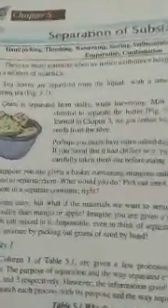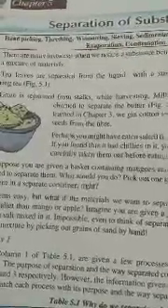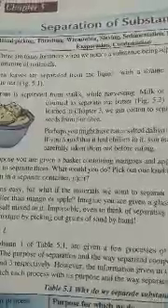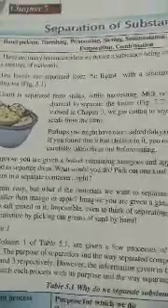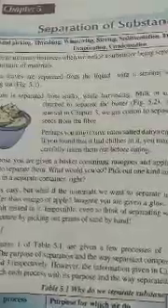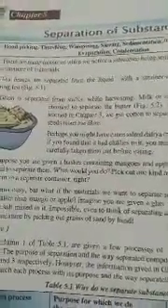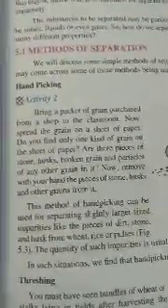You know, at different times we need to separate some substances from others. We also separate the unwanted substances from the wanted substances to get the required materials safe. So in this topic we will study methods of separation of substances.